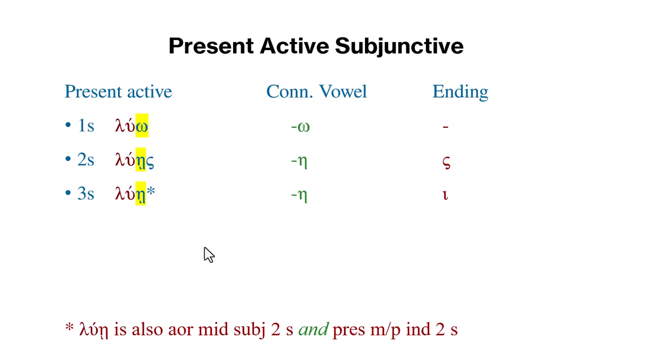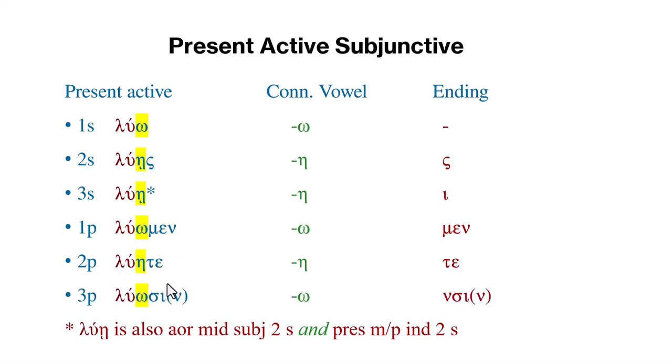But context will usually tell us what's going on. The first plural is luomen, as opposed to luomen in the present active indicative. Then we have luete. So again, we have that lengthened connecting vowel. And then third plural, luosin. So the main thing to deal with here is this lengthened connecting vowel.